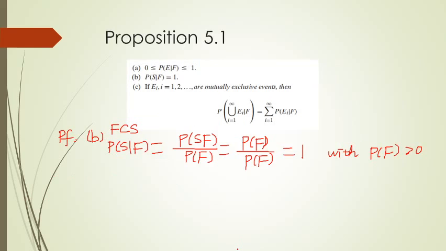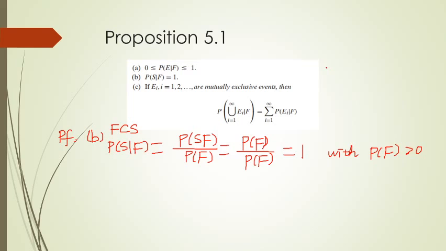Part C. If the events are mutually exclusive, then the probability of the conditional union will be the sum of each conditional probability.